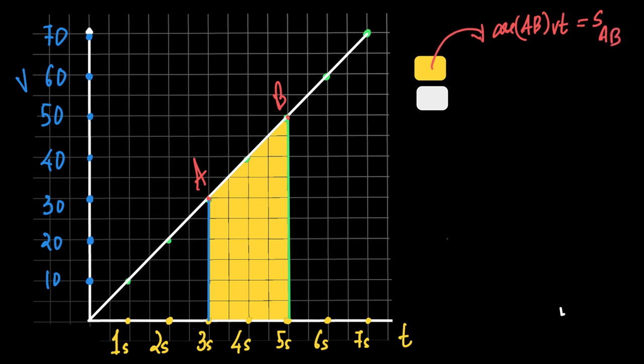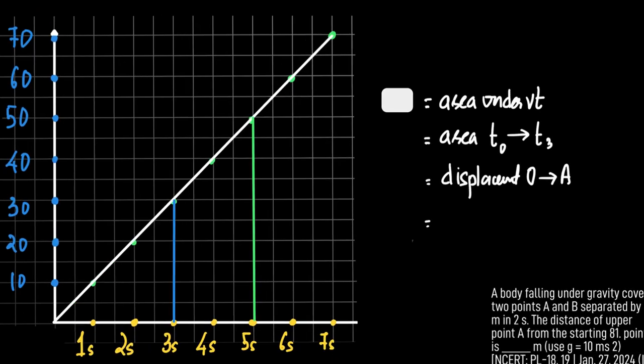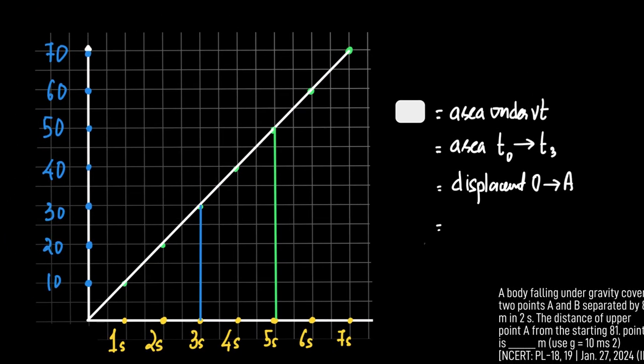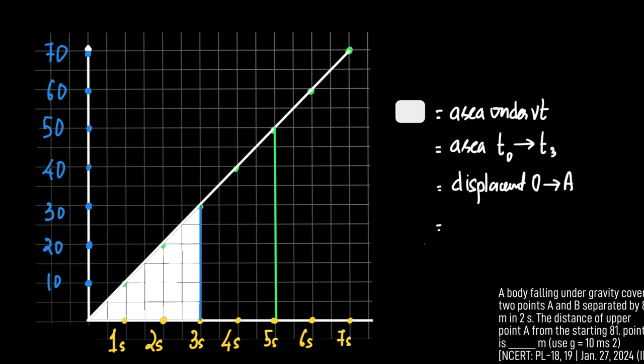Okay. In which case, what would be this triangle here? What would be the sum of these small areas? So this area here represents the area under the VT graph.